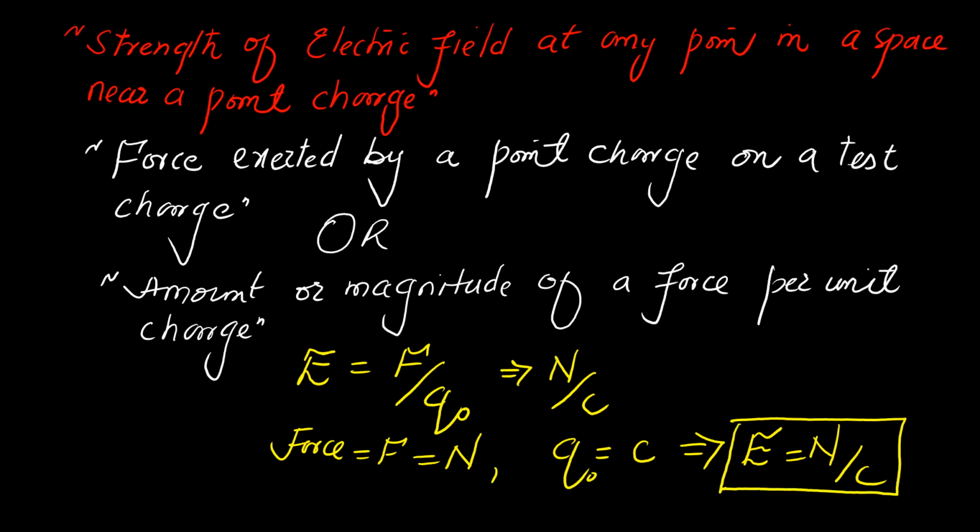So now, student, let us discuss how we can determine electric field intensity at different points near a point charge. We can do this by converting the electric field intensity equation into an equation with a distance r from a point charge.